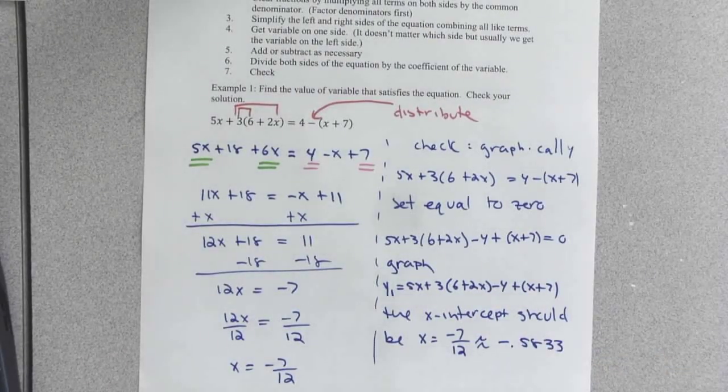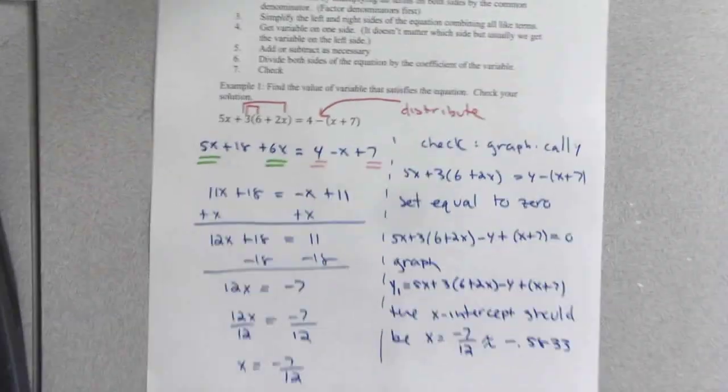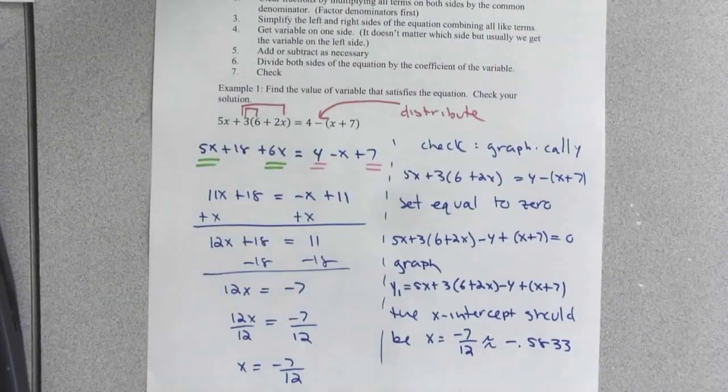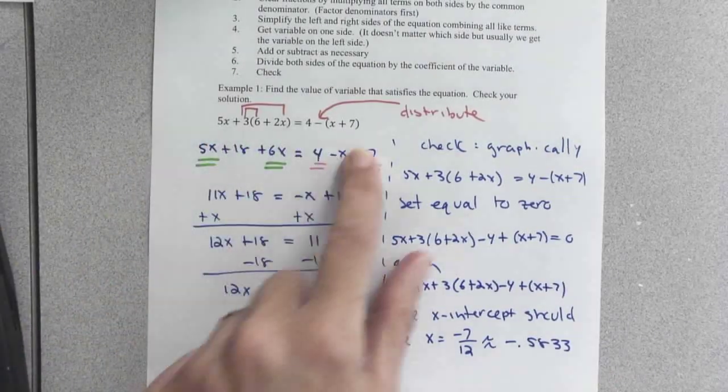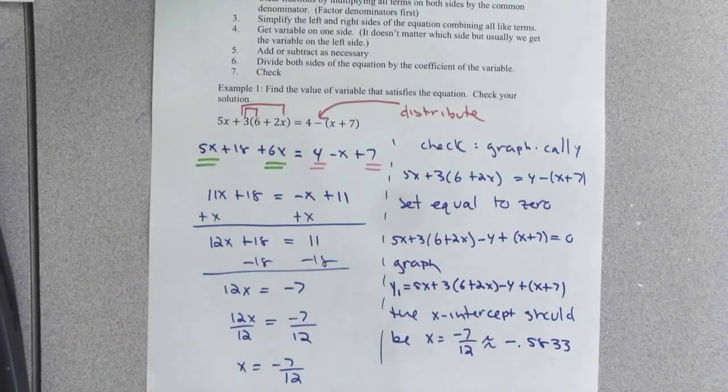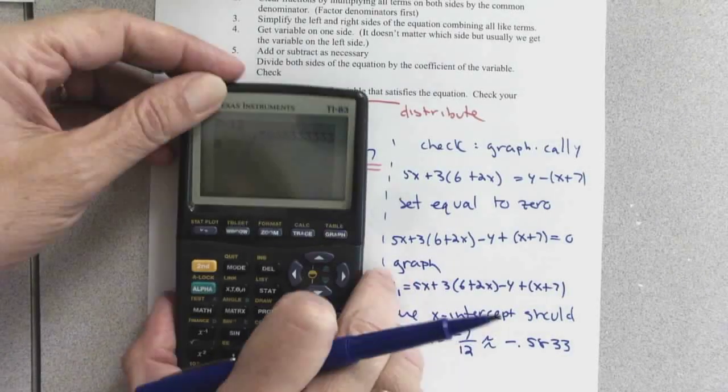So that's how I'm going to check it. And since we have a calculator, that's the easiest way to check. Now, if you want to take -7/12 and plug it into the original equation and see that the original equation is true, you could do that, but with that number, that's a lot of arithmetic. So we are going to check it this way.